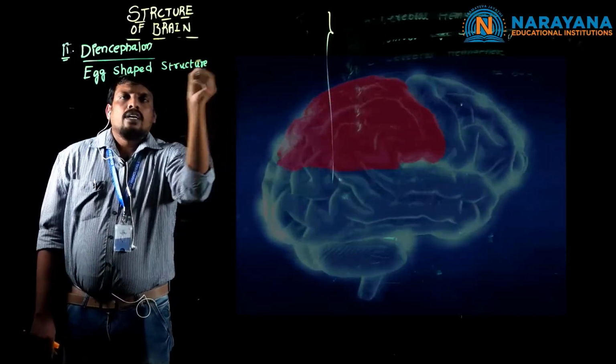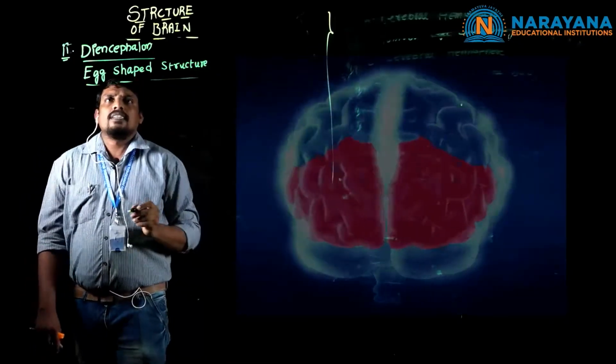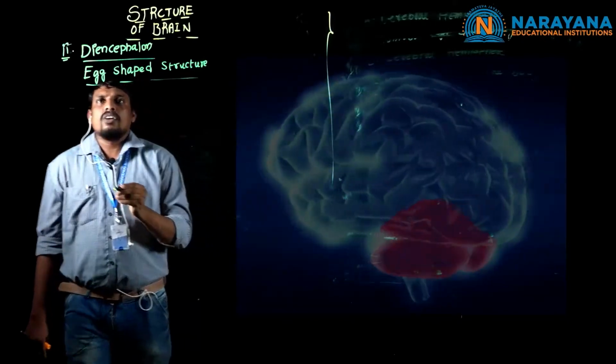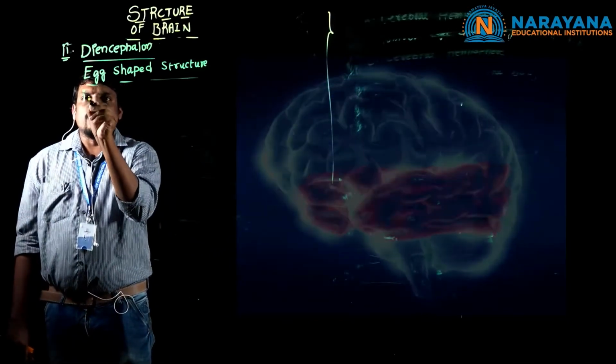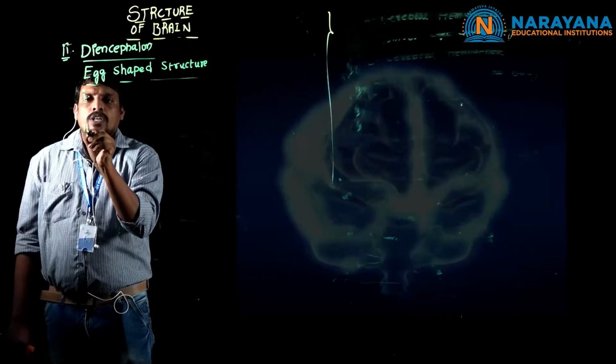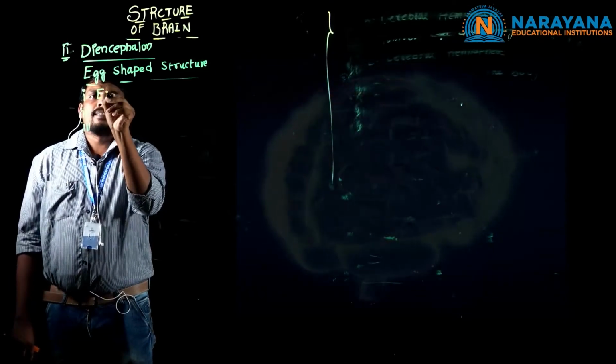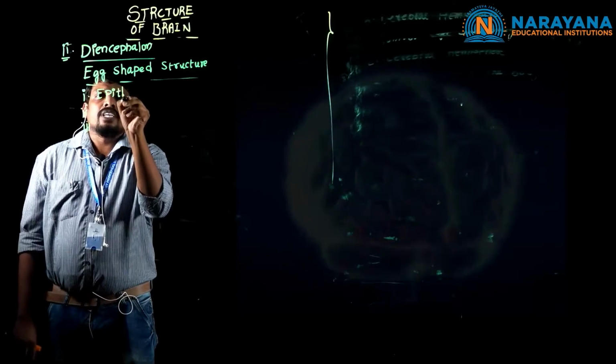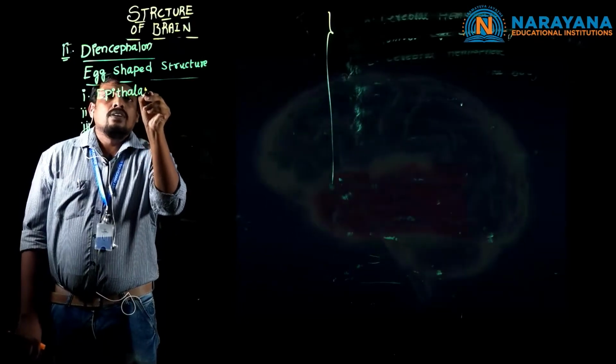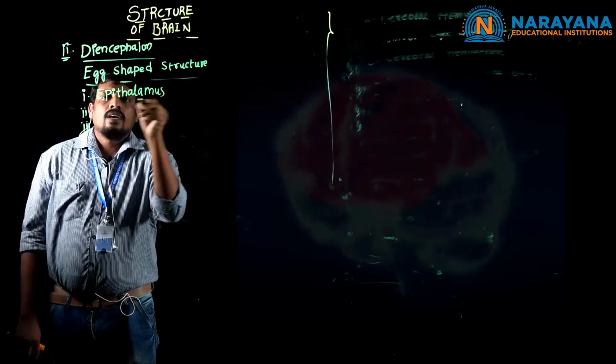How many divisions are there in the diencephalon? Diencephalon has 3 major divisions. What are those? First division is epithalamus.